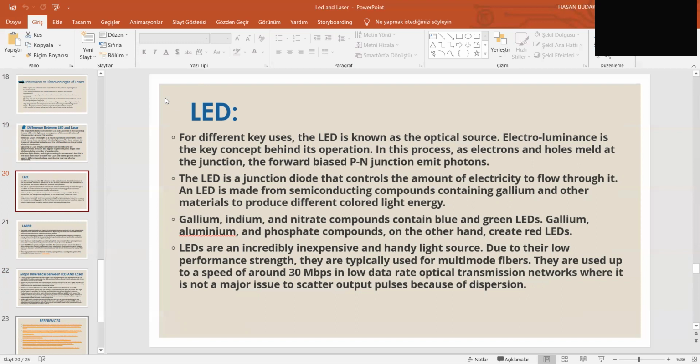Due to their low power output, they are typically used with multimode fibers. They are used up to a speed of around 30 Mbps in low data rate optical transmission networks, where it is not a major issue to scatter output pulses because of dispersion.